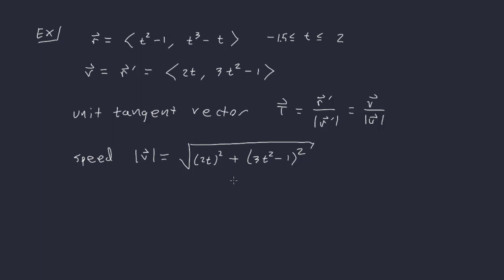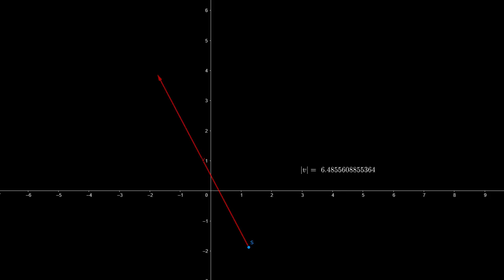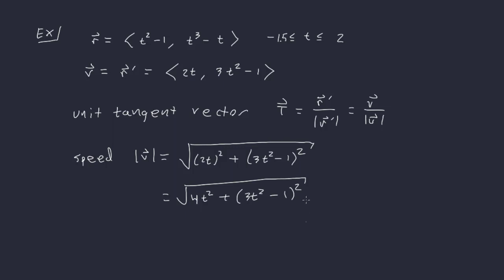I don't know if it's actually going to be all that useful, but I will just say that this is 4t squared here, and I'll leave this one alone because I don't think that this will simplify all that much. So this would be the speed. This would give us the speed at every second, and actually that's what I plugged in here. That's what this is spitting out, for each t value, it's using this formula to give us the speed.